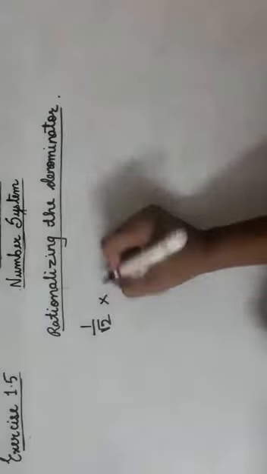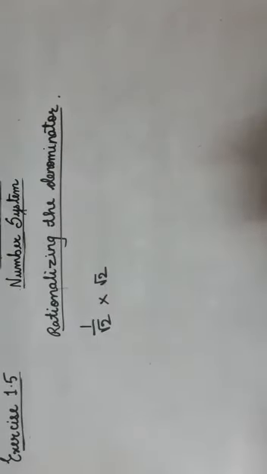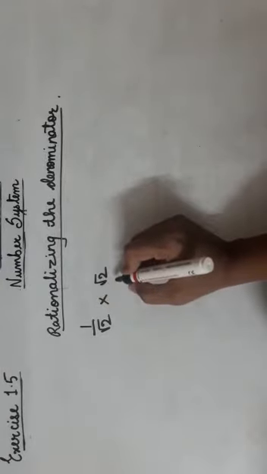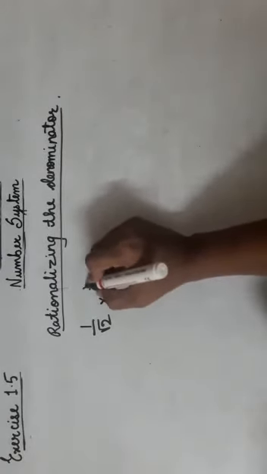Okay, now how to do this? To make this root 2 a rational number, I have to multiply this with root 2. But if I multiply this with root 2, the value of this number will change, right? So to maintain the equality, if I am multiplying root 2 in the denominator, I have to multiply the same root 2 in the numerator also, right?